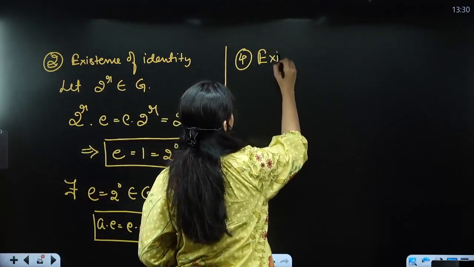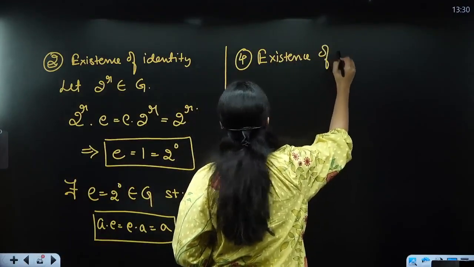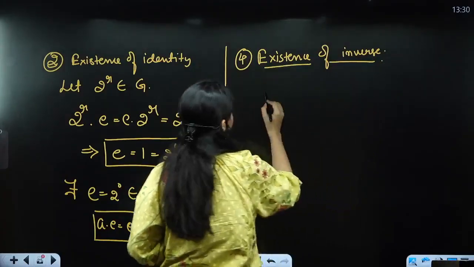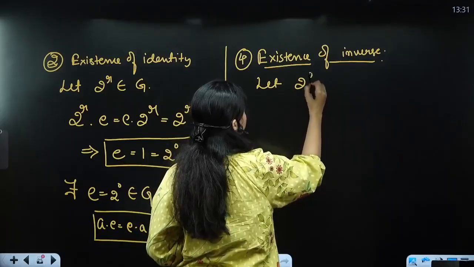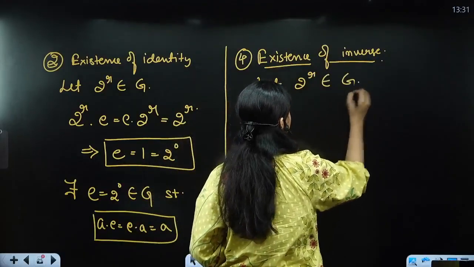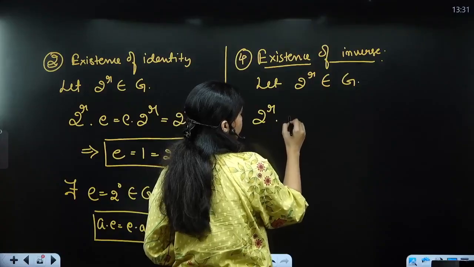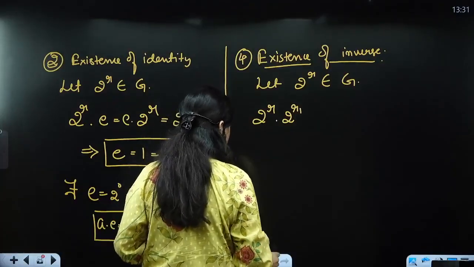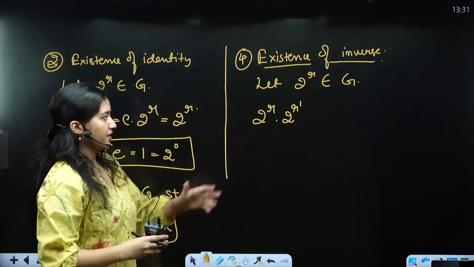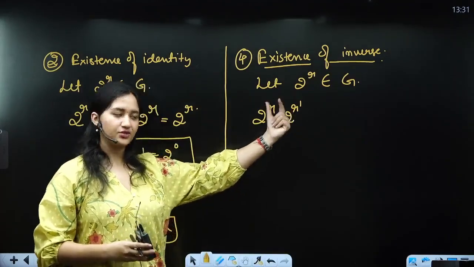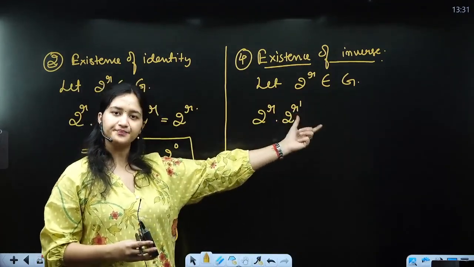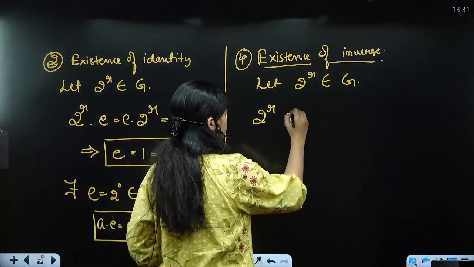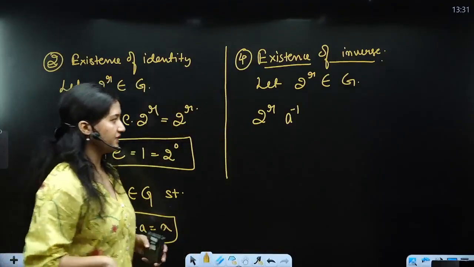Now let 2 raised to the power r belong to G. Now I need an element which is going to be of the form this only, or I should write it as r dash. Clear? Whatever the element is, it is going to belong to G, so it is going to be of the form 2 raised to the power r dash, or for symbol's sake let's just take a inverse. It will be relatively easier to write.